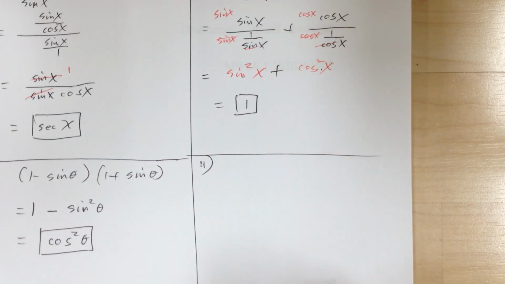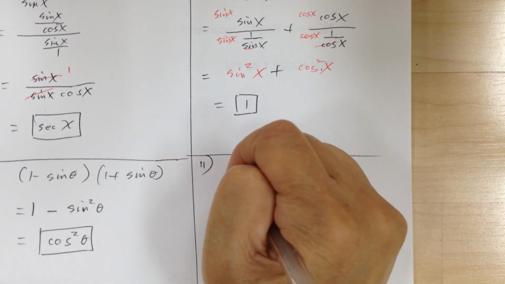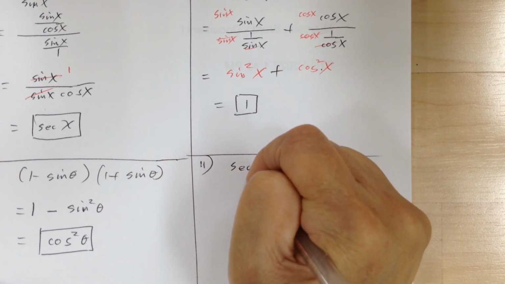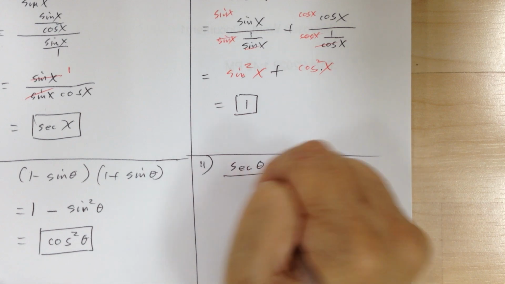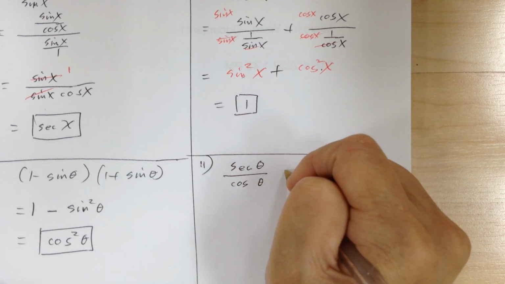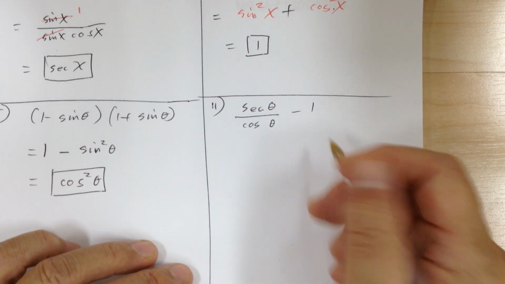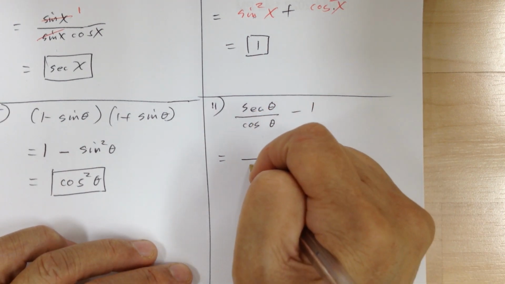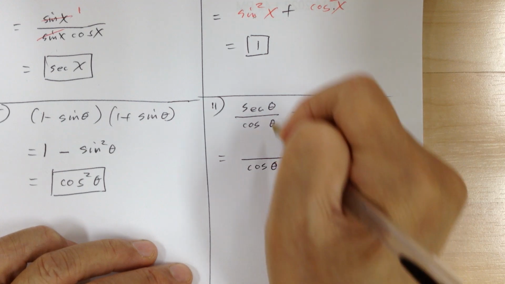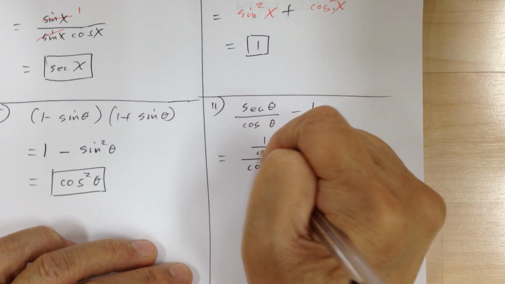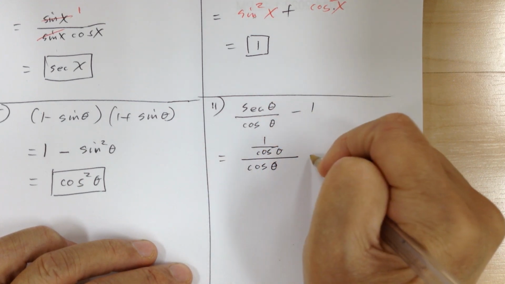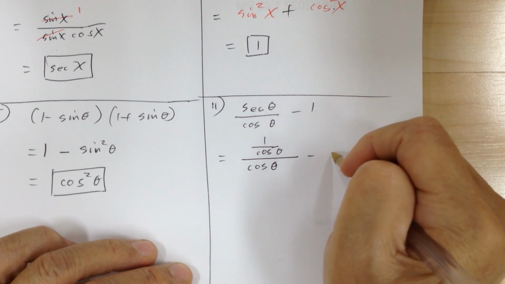Number 11. So you've got secant theta over cosine theta minus 1. Let's go ahead and make everything sine and cosine. So this will be cosine theta. Now secant is 1 over cosine, and minus 1.